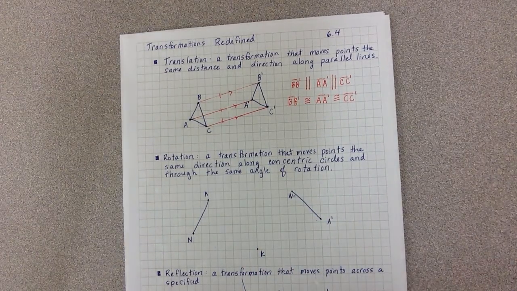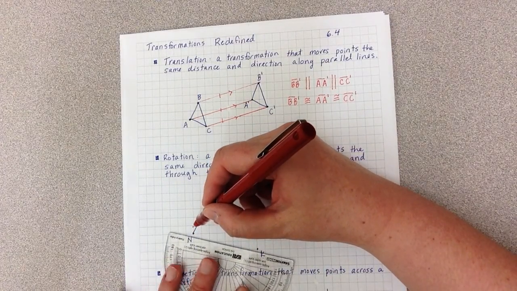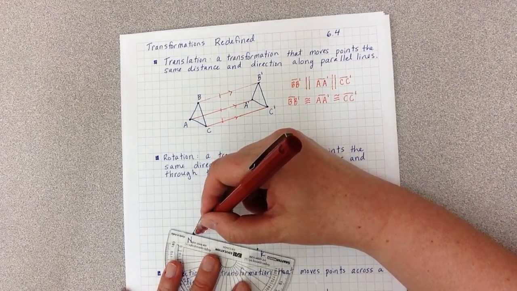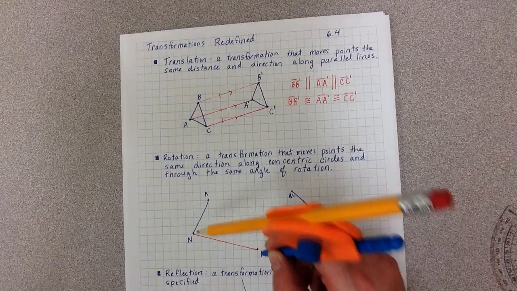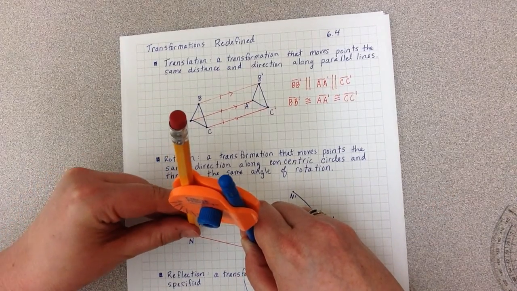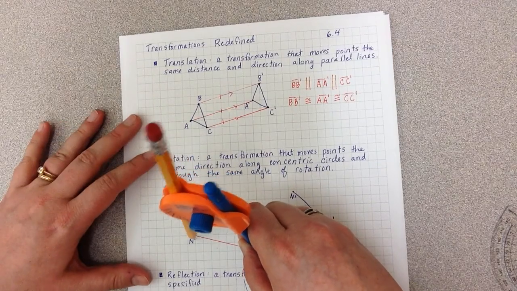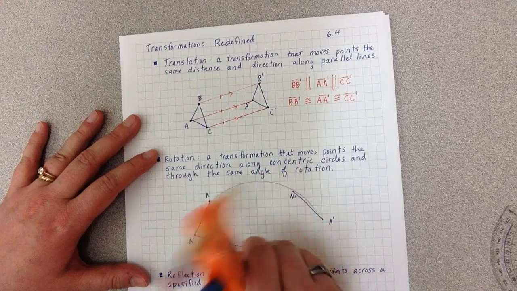So the first thing we're going to need to do is connect N to K. That way I have an angle to measure. Then I'm going to need to make a circle. I'm going to make not a full circle, since I don't want to waste paper, but as much of a circle as I can.